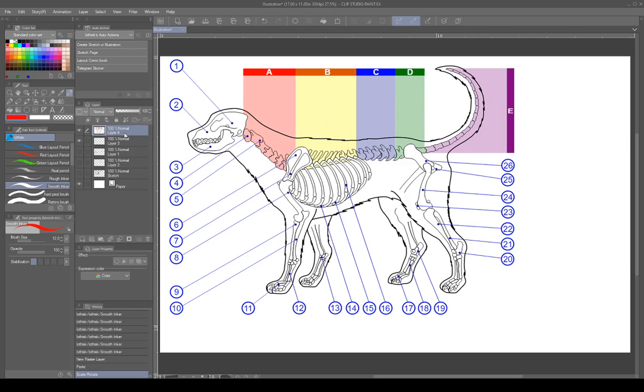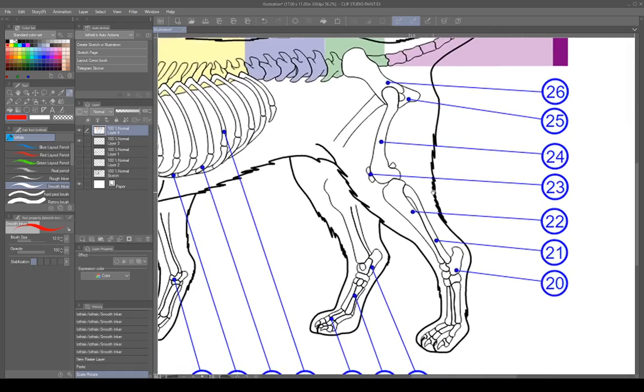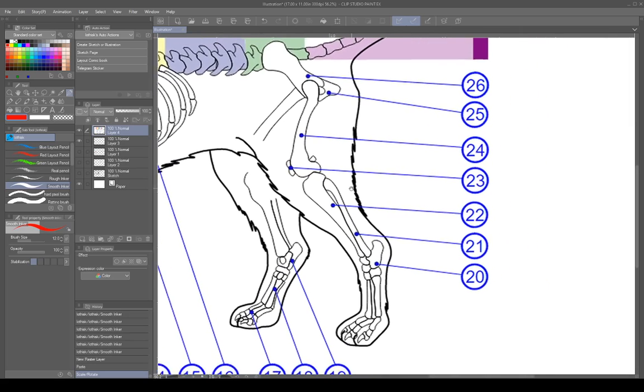So many of the things that we covered from human anatomy have direct animal parts as well. It's just that they're shaped and arranged slightly differently because our evolutionary paths were different.